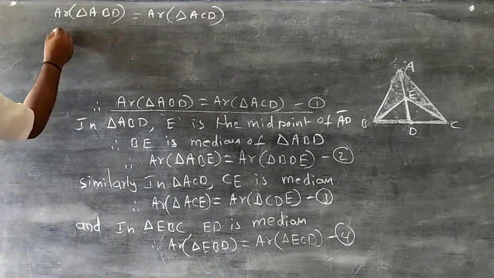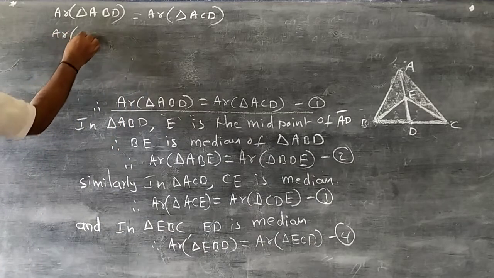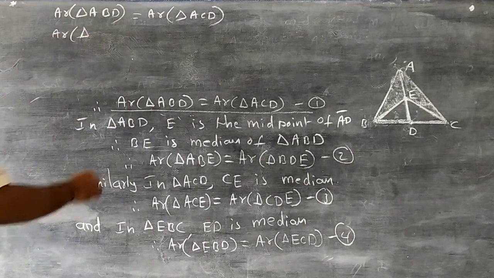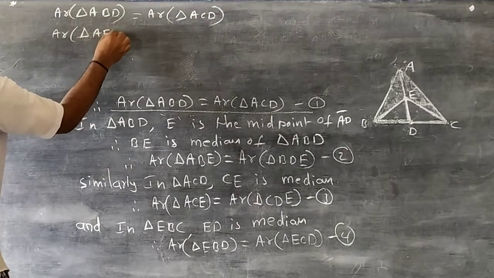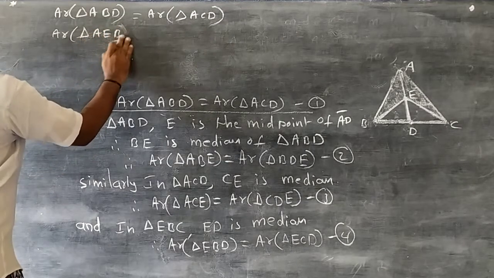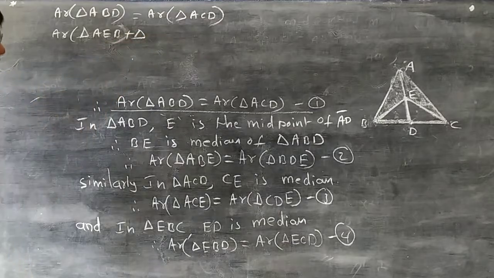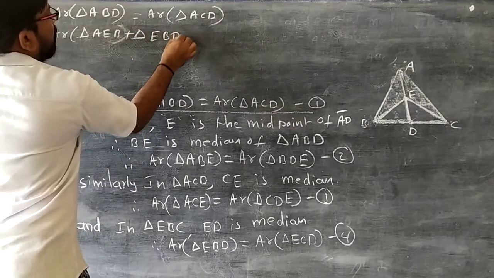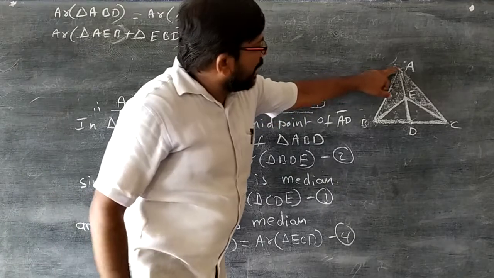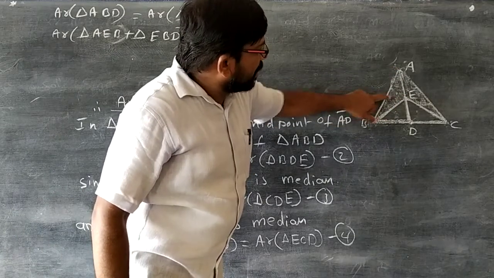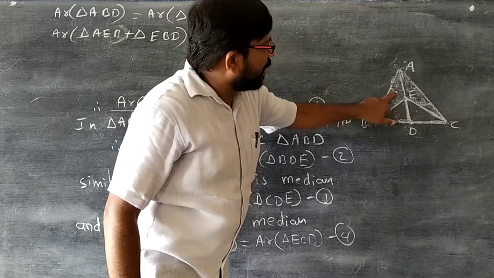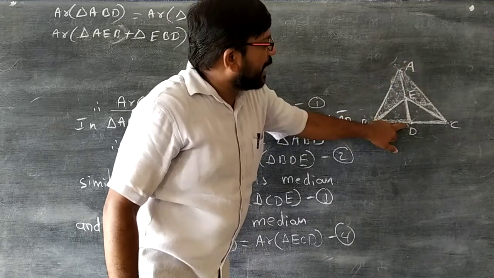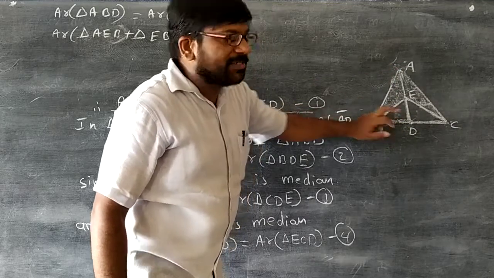So ABD can be written as the area of triangle AEB plus triangle EBD, the sum of these two triangles, right?